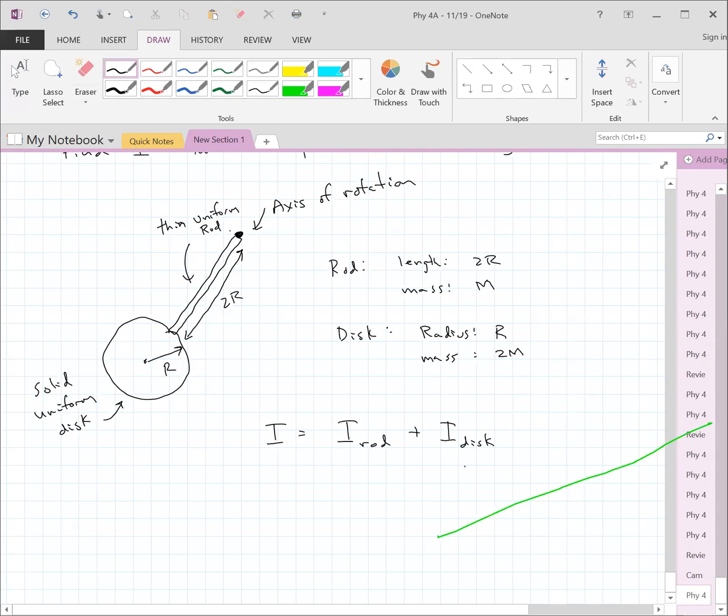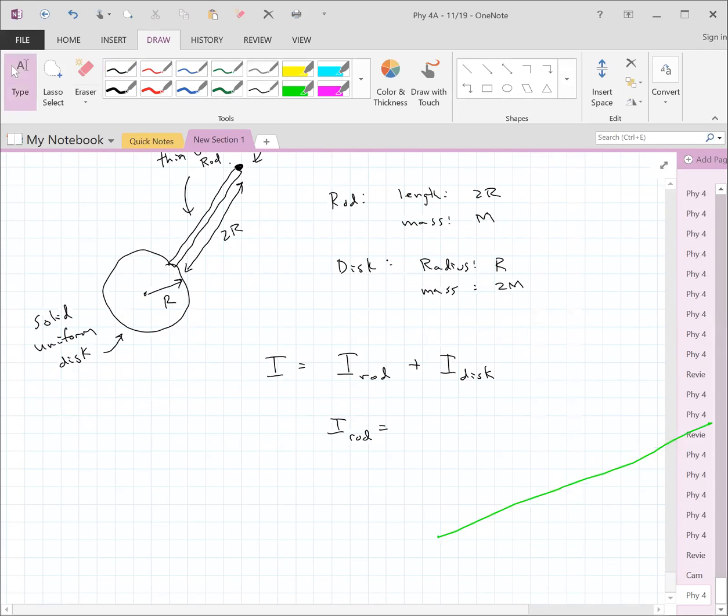So for the rod, that's just a rod rotating about its endpoint. That's 1/3 the mass of the rod times the length of the rod squared.